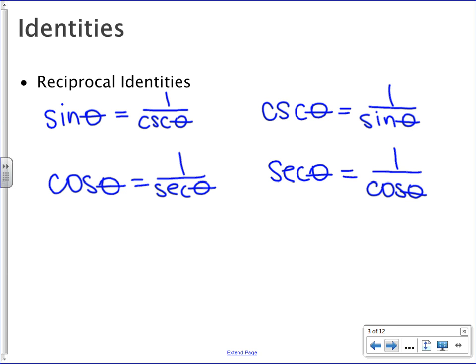And what would our last two be? Okay, our cotangent, we take 1 divided by the tangent.